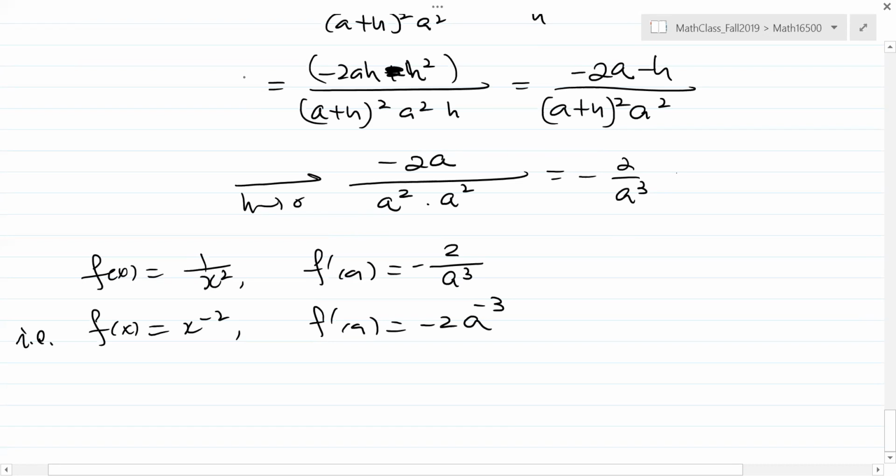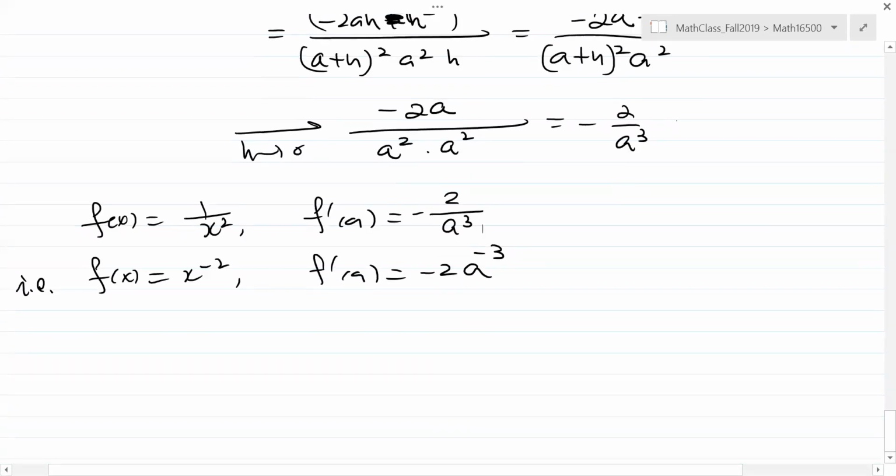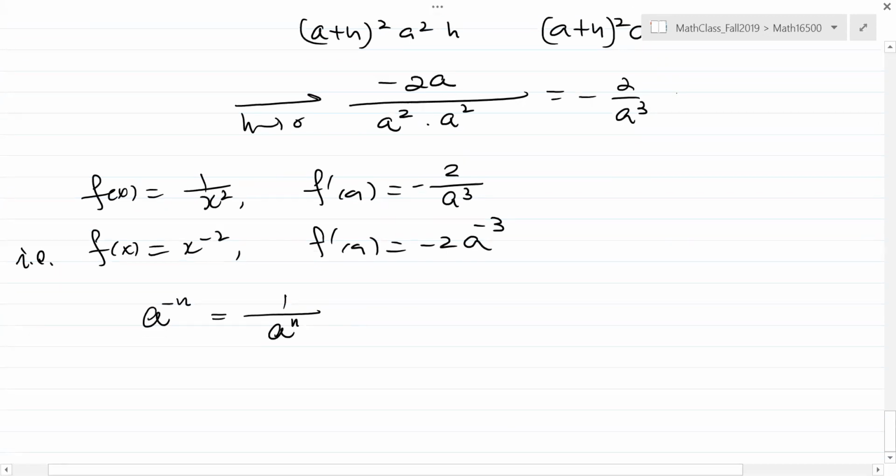Minus 2 times a to the negative 3. Oh. Is it equal? Yeah, the two are the same. That's the definition of the negative power, okay? If you have a to the negative n, this is defined to be 1 over a to the n. Yeah, it's the same.